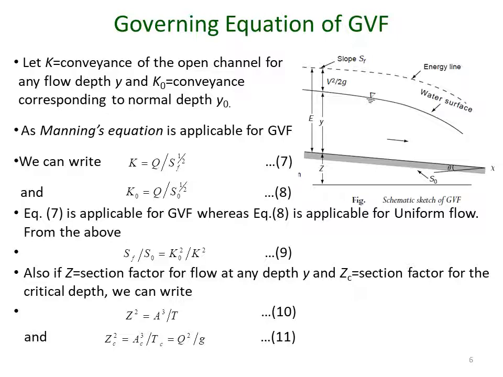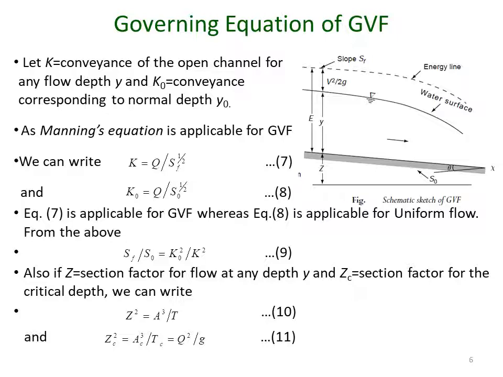If we consider K to be the conveyance of the open channel for any flow depth y, and K naught to be the conveyance of the same open channel corresponding to the normal depth y naught, we can write, applying Manning's equation, equations number 7 and 8, which show K equals Q by SF to the power half and K naught equals Q by S naught to the power half.